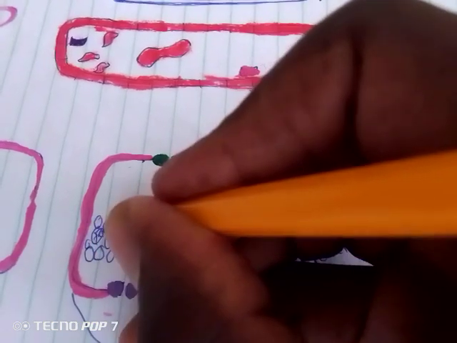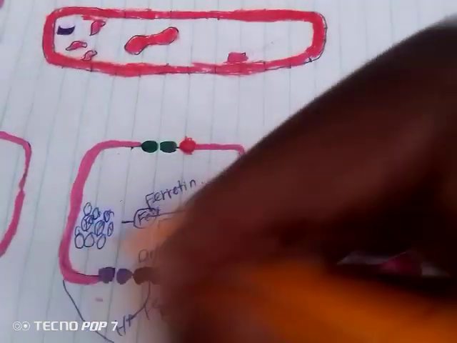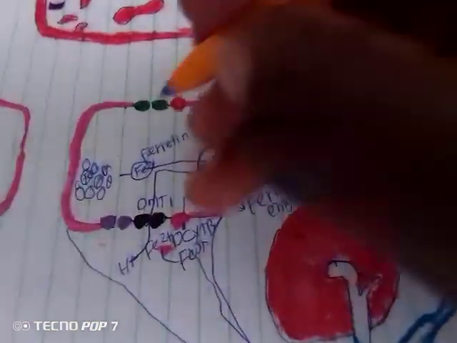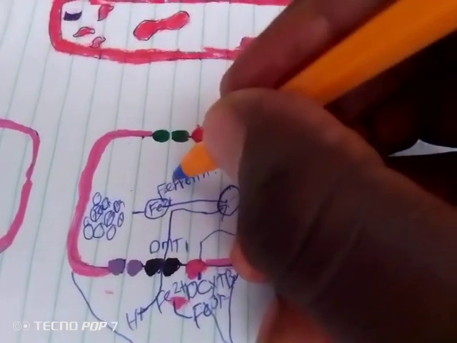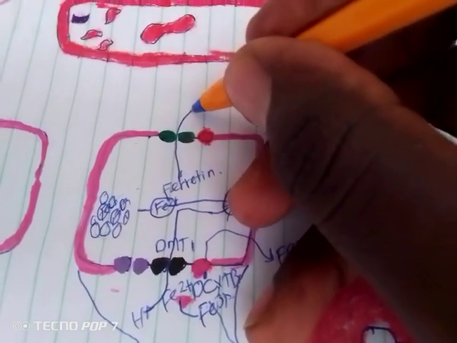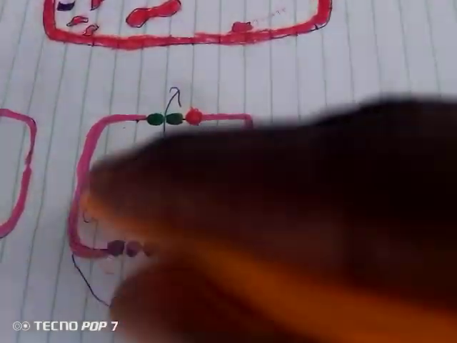This ferritin can also be moved out of the cell. This cell is known as the enterocyte of the duodenum.